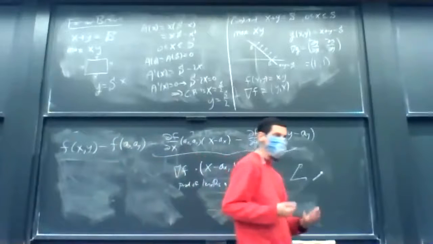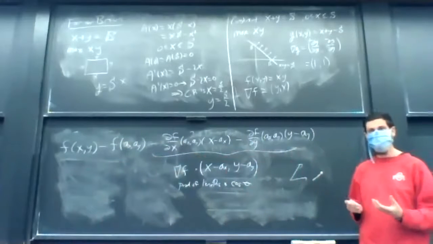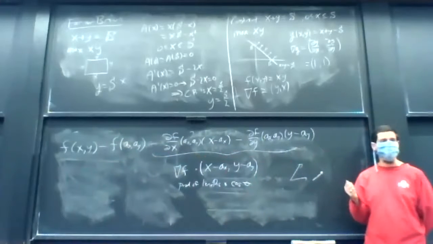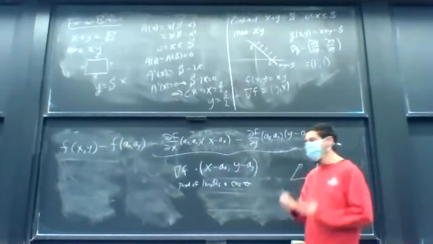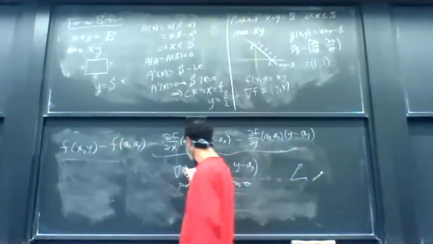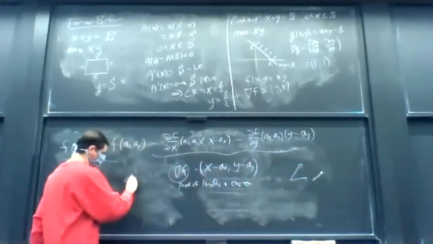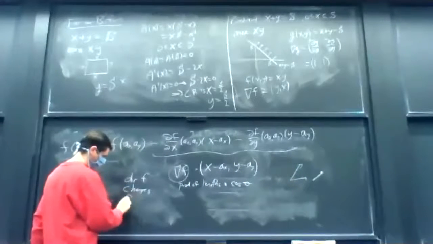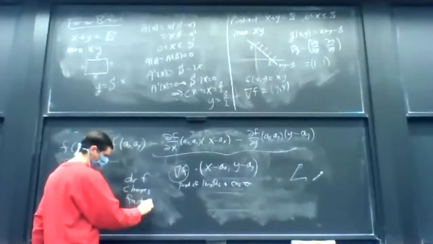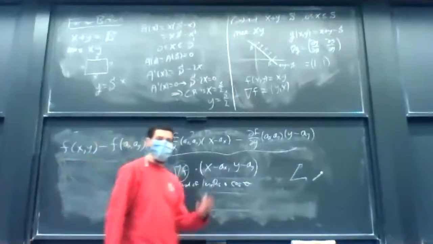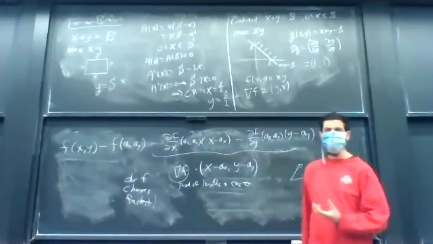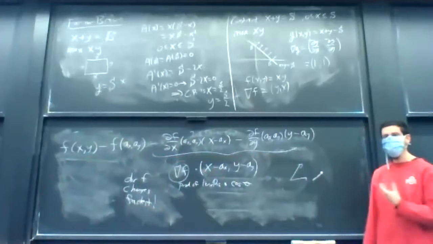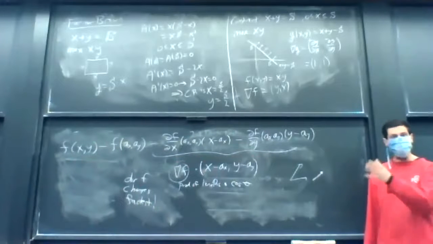If I want to make this as large as possible, I want the cosine of theta to be as large as possible. We now have a geometric interpretation of the gradient of f. This is the direction f changes fastest. So if you want to see as much change as possible in f, go in the direction of the gradient.